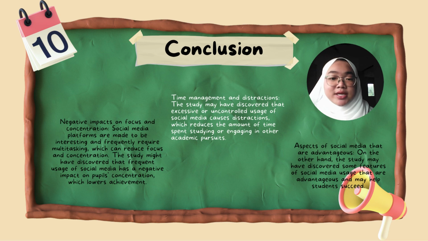The last one is aspects of social media that are advantages. On the other hand, the study may have discovered some features of social media use that are advantageous and may help students' success.